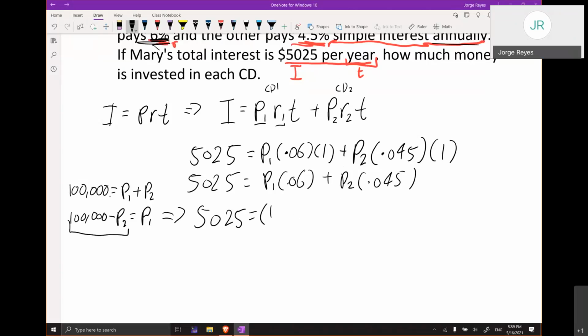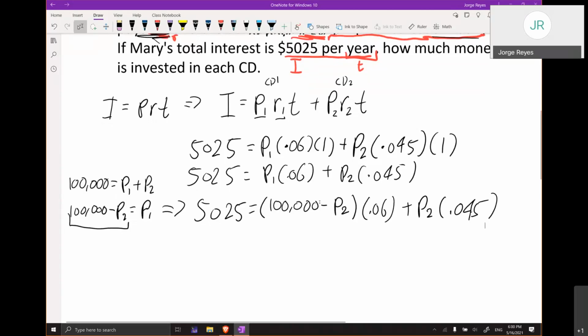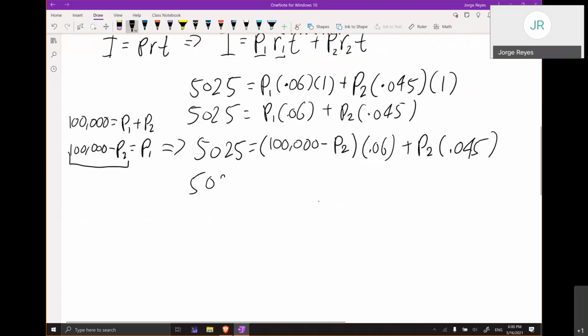So $100,000 minus P2, times 0.06 plus, and then P2 is P2, okay? And now we are good, all right? We now have one equation and one unknown, okay?